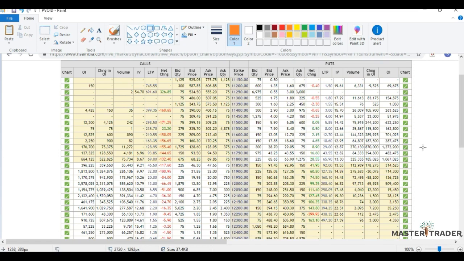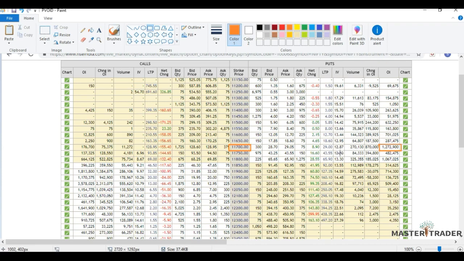Okay, so here 12 lakh 72,000, right? That's too thick. So 12 lakh 72,000 on the put side at 11,700 strike price. Guys, what this tells us is that this is giving me the support for the month.